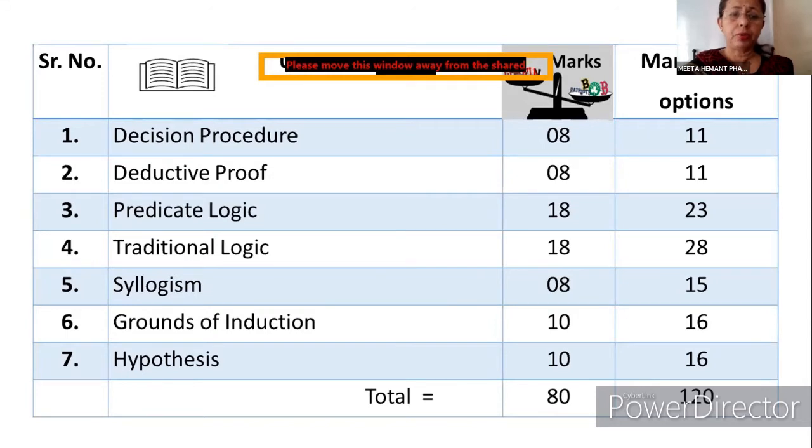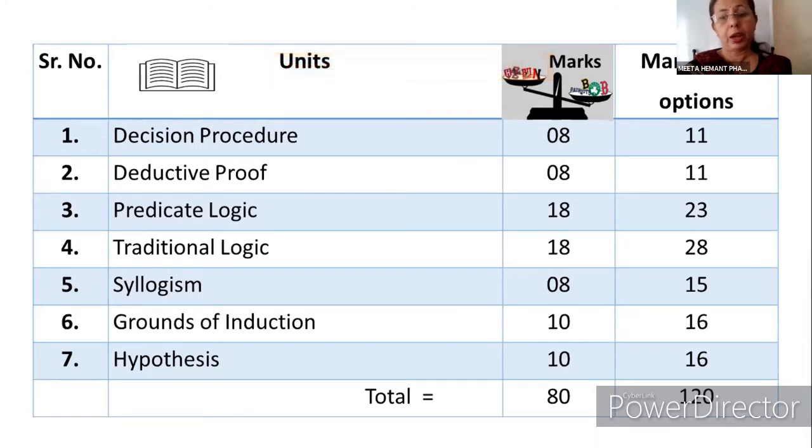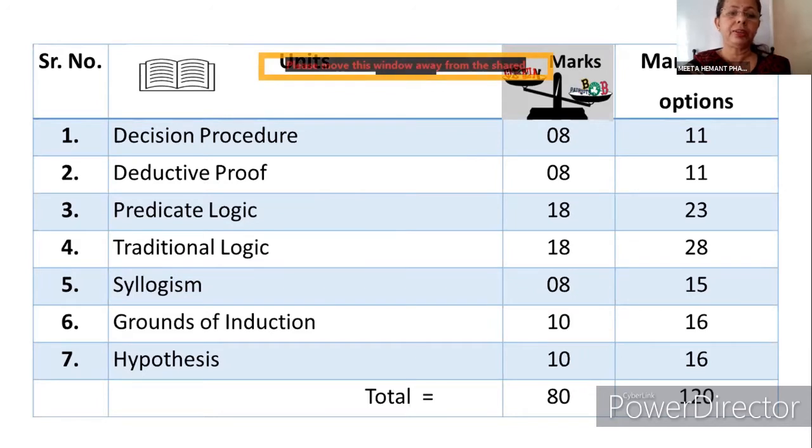This is a very important chapter because it is for all the entrance exams which you will be appearing in future, like railway and all fields. Logic is very important. So we have introduced particularly the syllogism chapter. You have to give more emphasis on it, though it carries 8 marks and in option 15 marks.